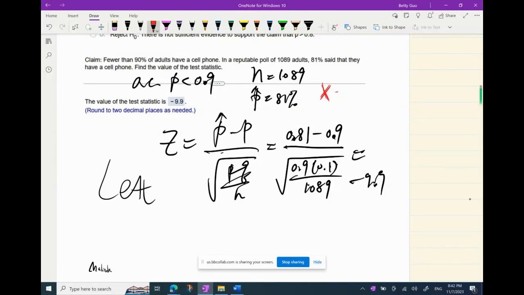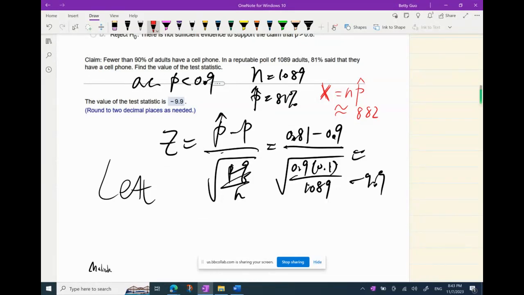The number of successes is n times p hat. You have to round the number to the nearest whole number if it's not whole. If we multiply 0.81 by 1089, we have 882.09. So you round it down to 882, because 0.09 is lower than 5.